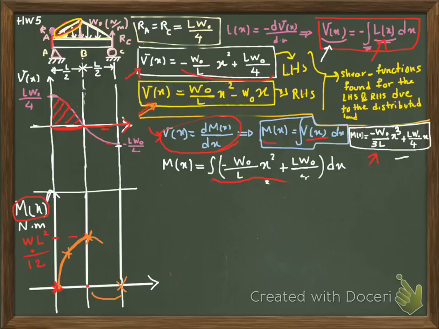So for the second one, I'm going to integrate that guy to find my second moment. By second moment, I mean the one that is going to be plotted right there.